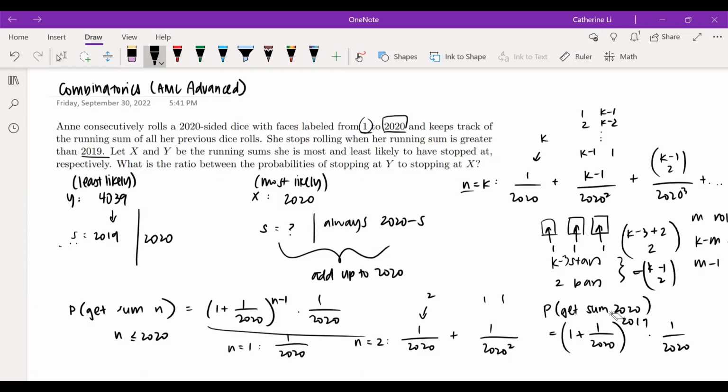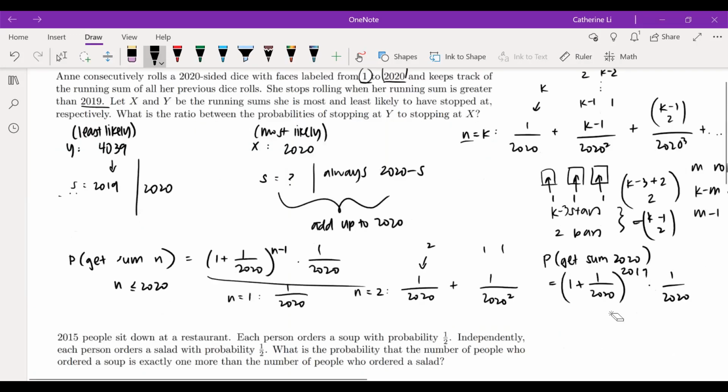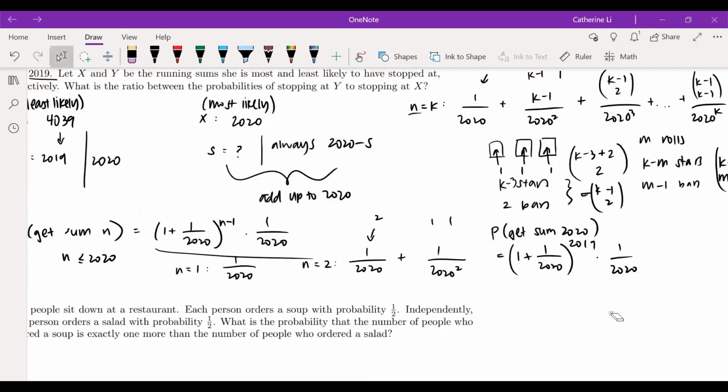And then this is for X. And then for 4039 for Y, we need a running sum of 2019, and then we need to roll a 2020, which means that we can plug in 2019 for N here. So this, and then we multiply by 1 over 2020 for the probability that we roll that 2020 at the end.